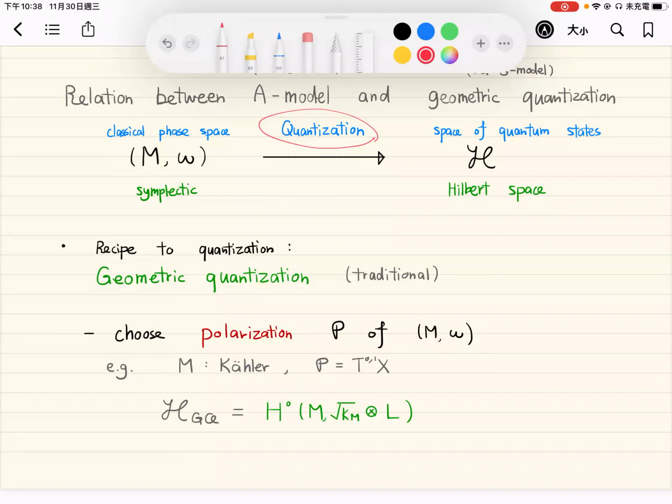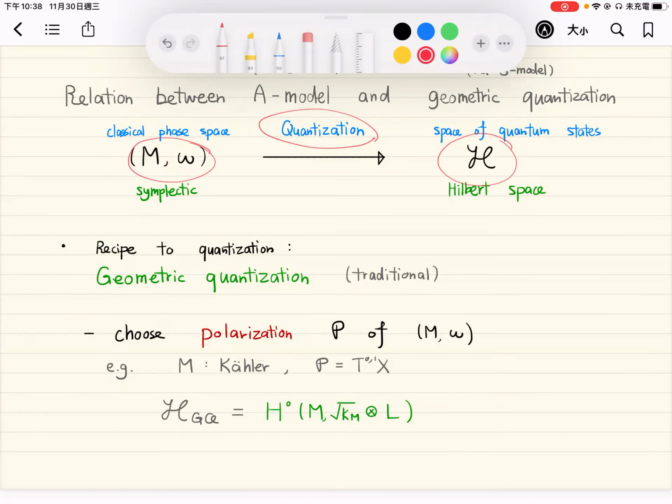So in classical mechanics, usually we have the phase space. And mathematically speaking, we have a symplectic manifold, call it (M, omega) here. The quantization process will turn this classical phase space into the space of quantum states, which is mathematically a Hilbert space, call it curly H. Traditionally, there is a recipe for quantization in mathematics called geometric quantization.